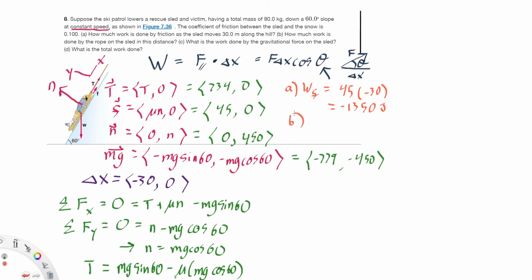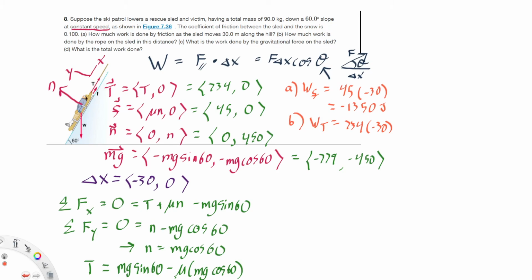B, how much work is done by the rope? So the work done by the tension is going to be equal to 734 times negative 30. So that's a really good question about the theta. Is theta 180?